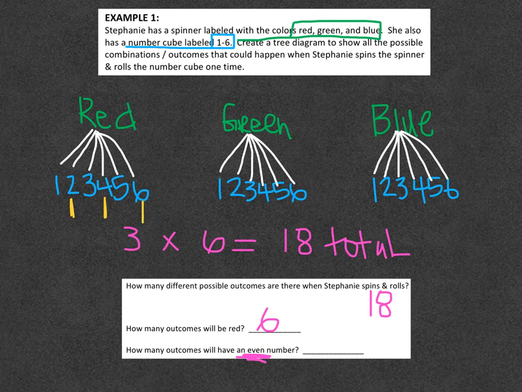There's not an 8. It only stops at 6. So 2, 4, 6. And then again with the last set, 2, 4, 6. When I count those up, I have 1, 2, 3, 4, 5, 6, 7, 8, 9. 9 different outcomes that could be even.